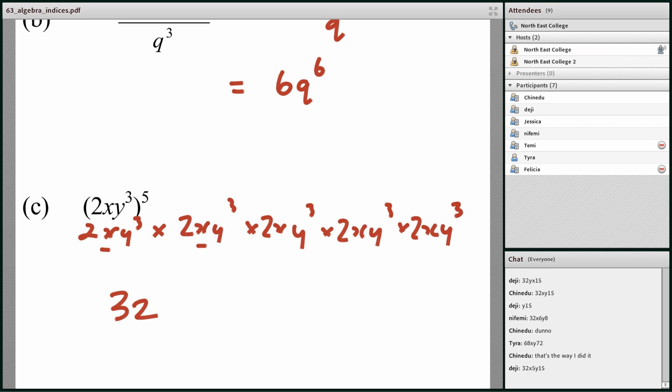So you can add the powers of the similar terms, and that's it. Is that all right? Okay.